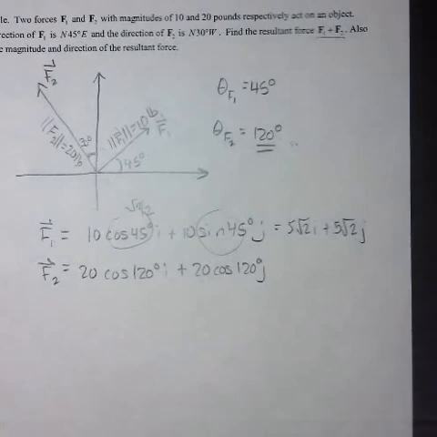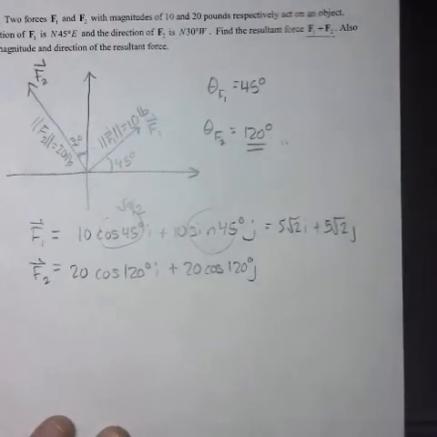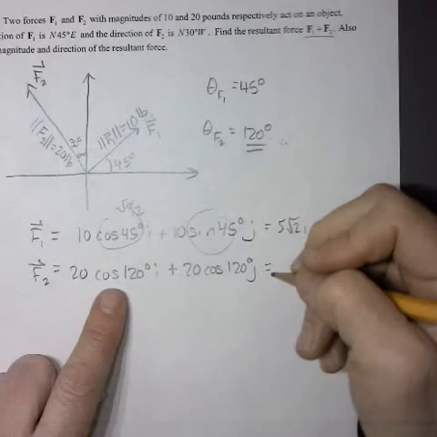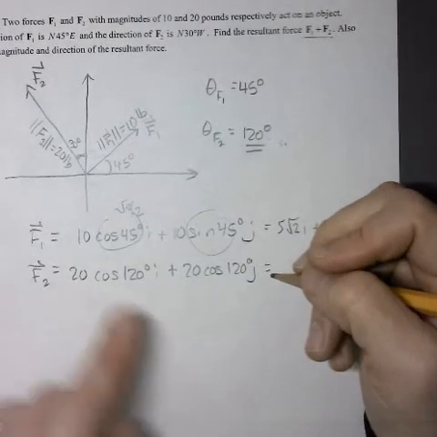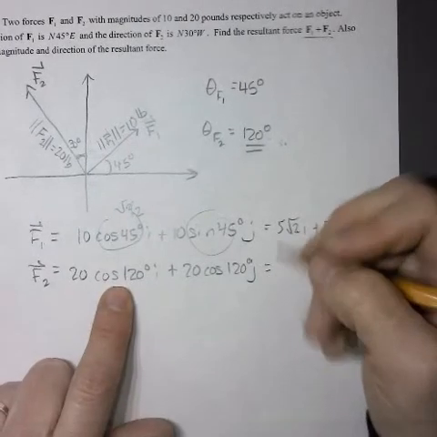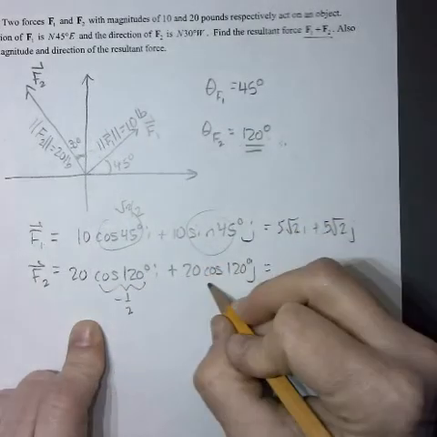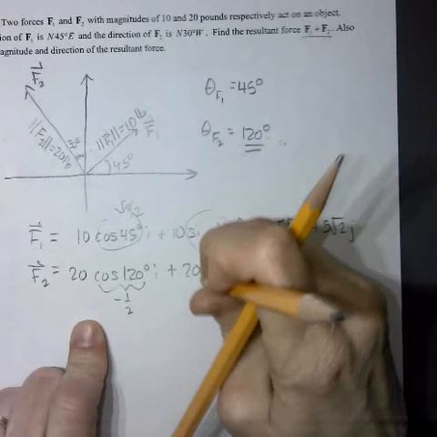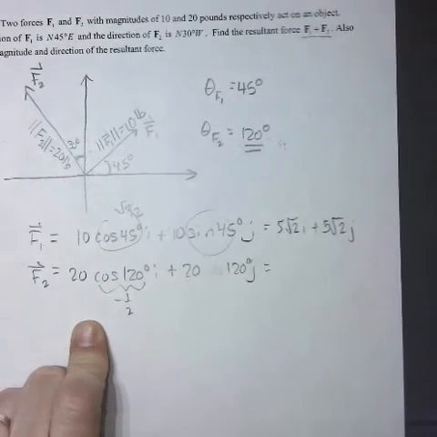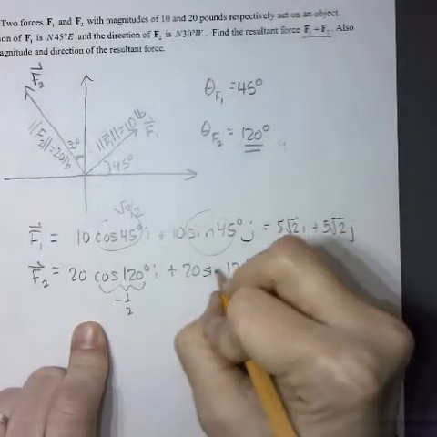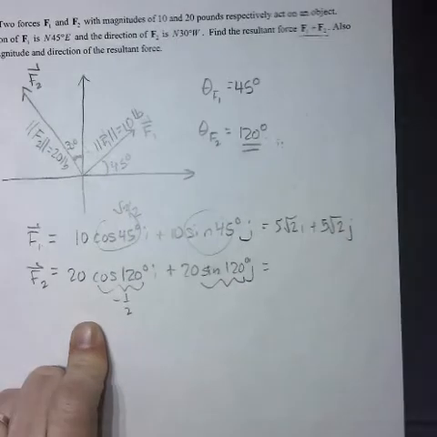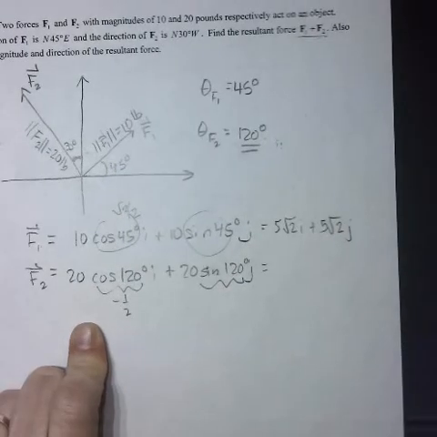Force 2, so cosine of 120 is negative 1/2. Whoops, I wrote cosine and this should have been sine. Excuse me. And then the sine of 120 degrees is square root of 3 over 2.